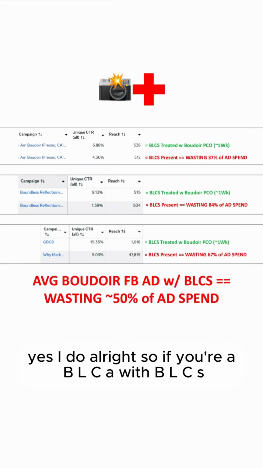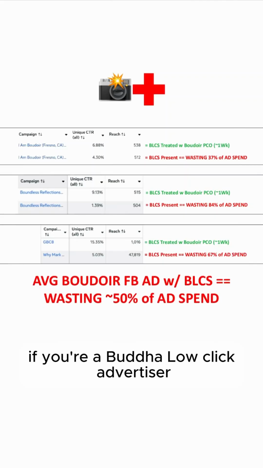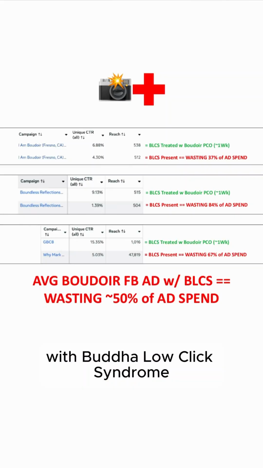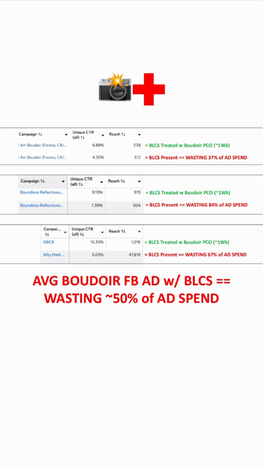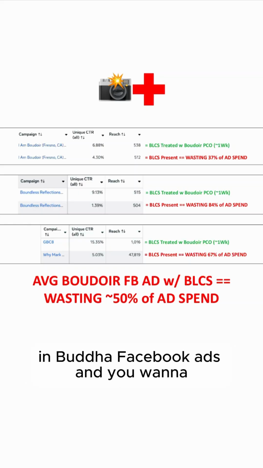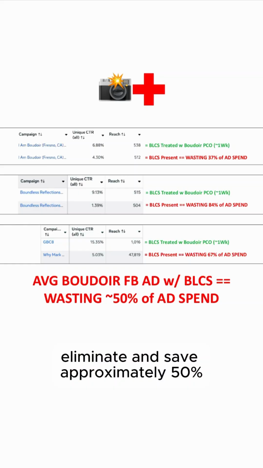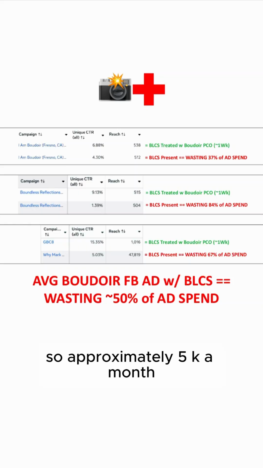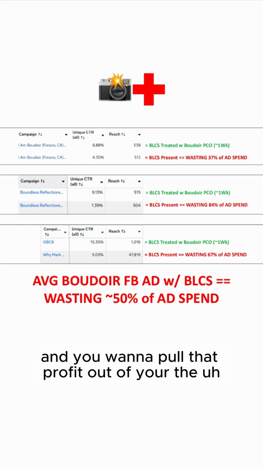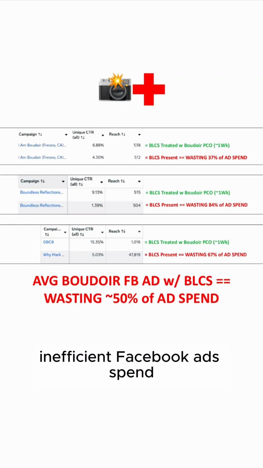All right, so if you're a BLCA with BLCS, if you're a Boudoir low click advertiser with Boudoir low click syndrome, and you're spending more than 10 grand a month in Boudoir Facebook ads, and you want to eliminate and save approximately 50% of that ad spend back in your pockets, approximately 5K a month or 60K over the next 12 months, and you want to pull that profit out of the inefficient Facebook ad spend because you've already pulled it out for some other parts of the business.